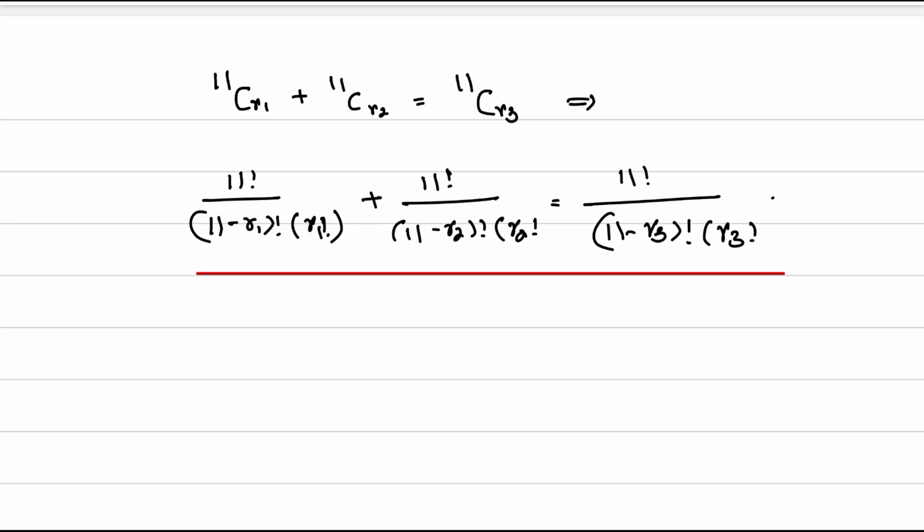Here we were told that r1 is not equal to r2 is not equal to r3. Here it was told, the given condition is that r1 is not equal to r2 is not equal to r3.